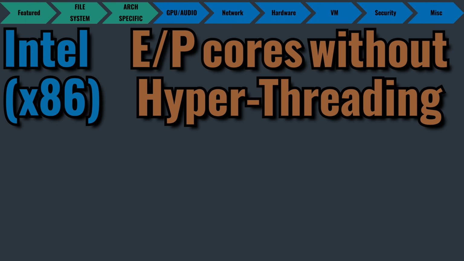So now it being able to still understand that you have that asymmetrical CPU without hyperthreading, well, that just makes sense, right? It's not because you don't want to have hyperthreading that it means that you don't want to have a scheduler that actually works for your CPU.